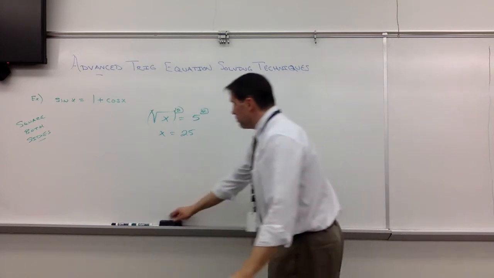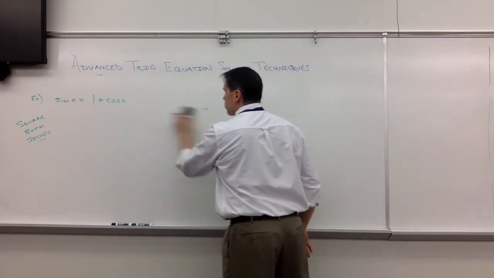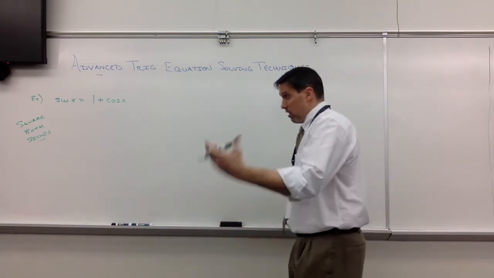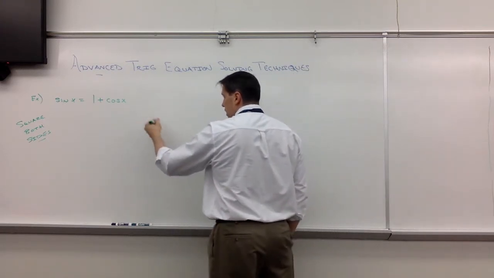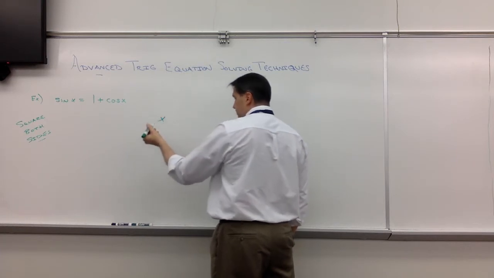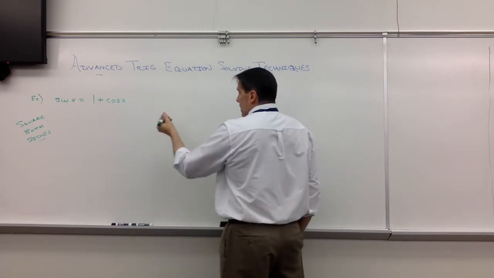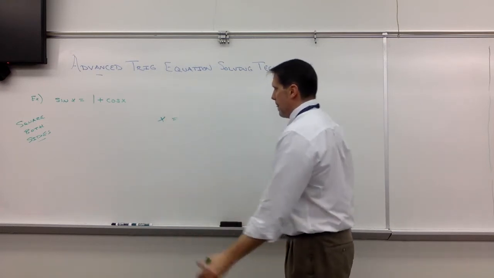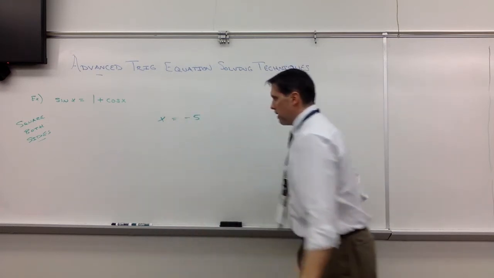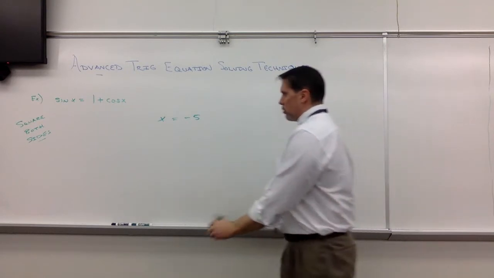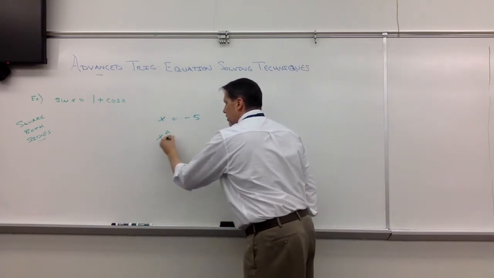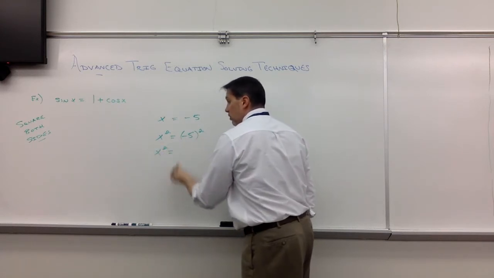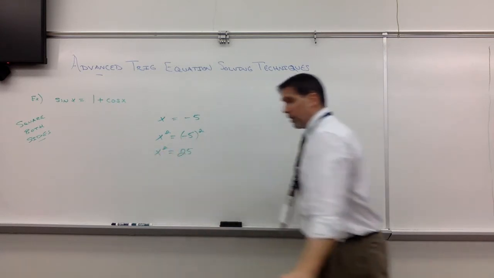And I can show you a simple example. It doesn't illustrate much except for how you can end up with some false information here. If I said x is equal to -5, for example, and I squared both sides of this equation, I would get x squared equals -5 squared. I get x squared equals 25.